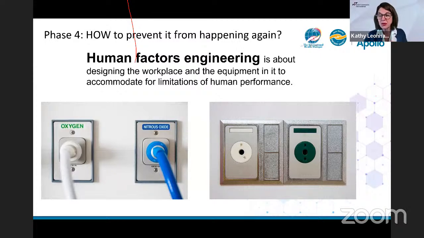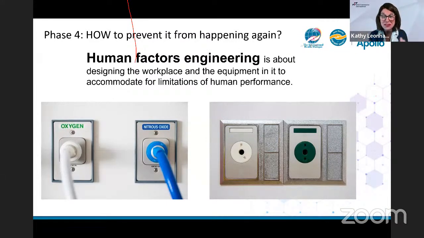Well, if you look on the right, it makes it really hard to make a mistake now because the receptacles, the plugs, are at different angles. If you look carefully in that picture, you can't plug the nitrous into the oxygen or the oxygen into the nitrous, the hoses, because the receptacle and the plugs are configured differently.